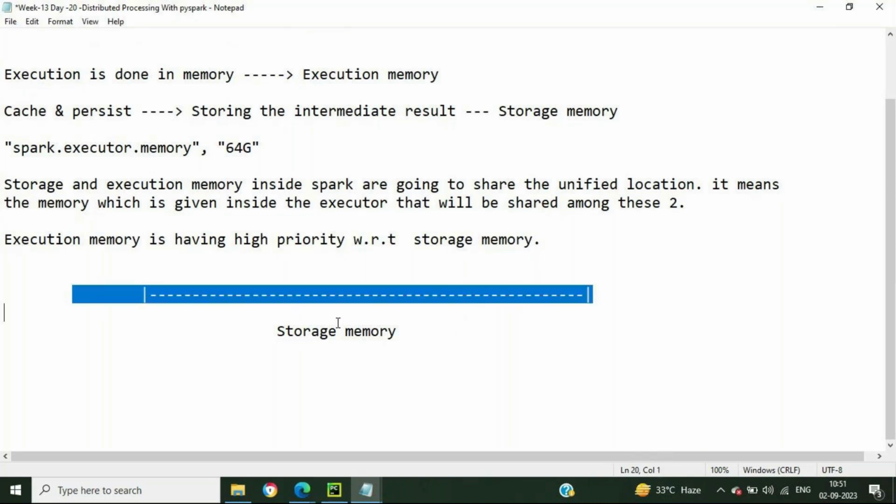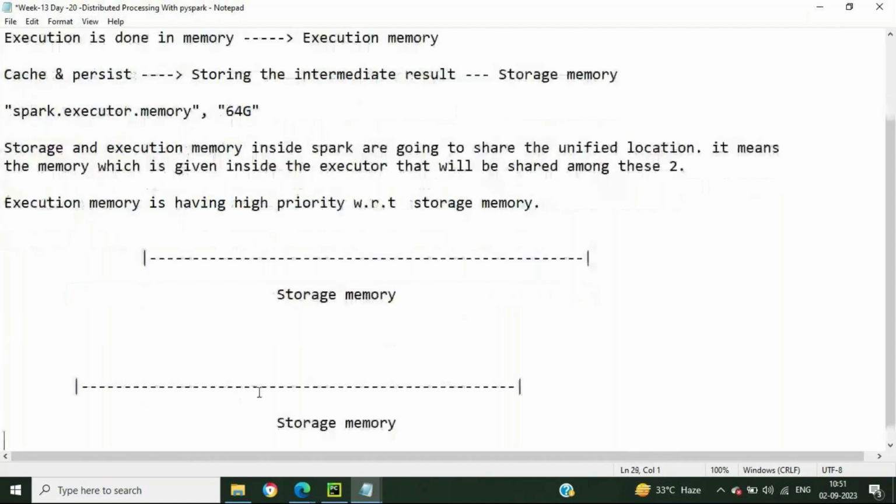Now the modified approach, what we are having. So this is the initial way. Now we have done a certain modification, and with respect to that particular modification, say this is reserved for storage.